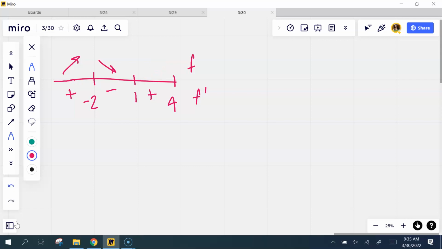Negative. Yes, I'm looking at the wrong sign chart. Gosh. Okay. So I said relative max at x equals -2 because f prime changes from positive to negative at this point.